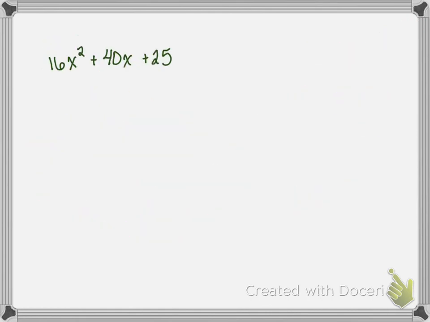Now, this is another trinomial, and this is what we call a perfect square trinomial. I typically don't look and see if something's a perfect square trinomial. I don't memorize this. I just factor this using the AC method. I multiply the A times the C, and I start looking for my numbers. But I do like to show this because some of you may identify it.